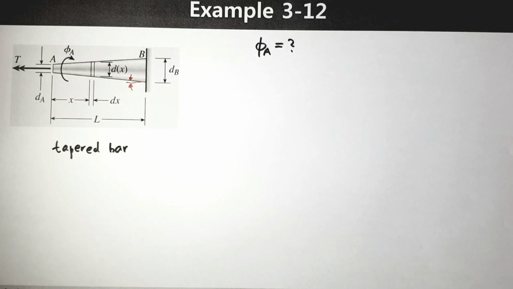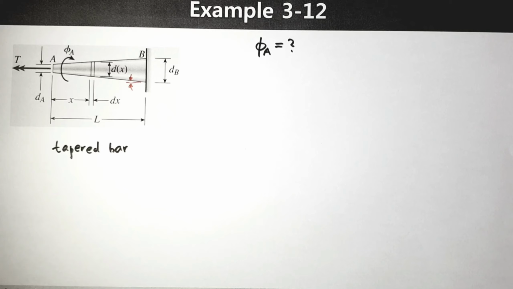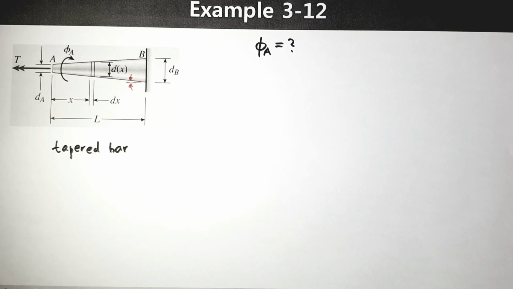Otherwise, when the slope is very large, we cannot apply this kind of approach. Later on, when you study more about mechanics of materials, you can have another approach to solve this kind of problem. Anyway, at the moment we assume a tapered bar. Another assumption is that the material itself is homogeneous. Normally we introduce this homogeneous assumption because it's much easier to deal with the problem related to the material itself.